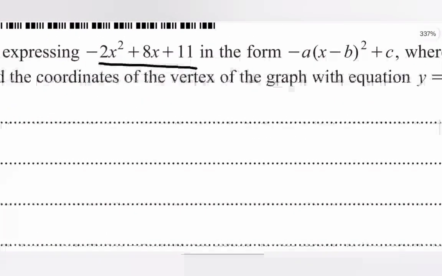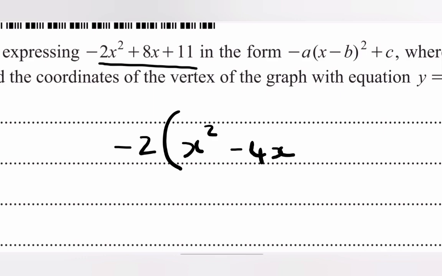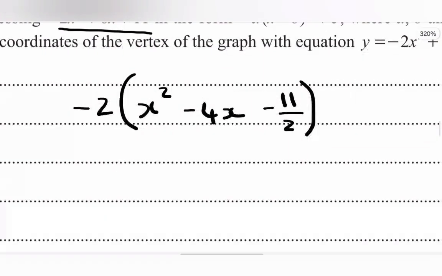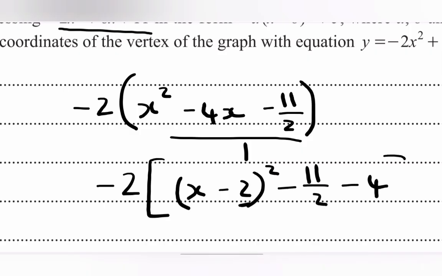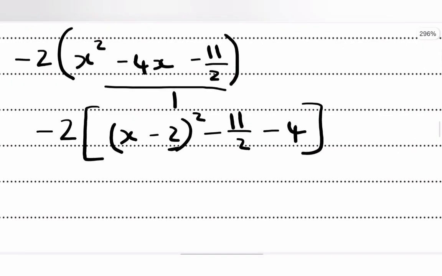And for that, we factor out minus 2 first. So we get x squared minus 4x, then minus 11 over 2, like that. And we complete the square for this. So with our minus 2 square brackets, x minus 2 squared minus 11 over 2 minus this squared, which is 4. Then we close bracket.